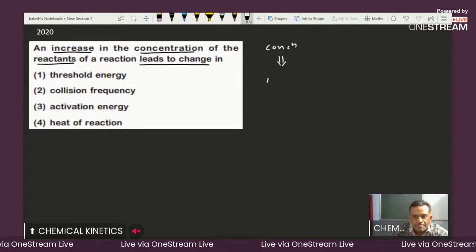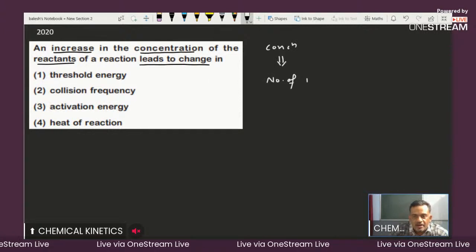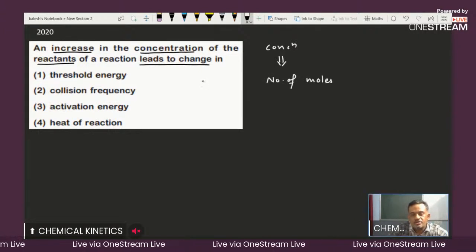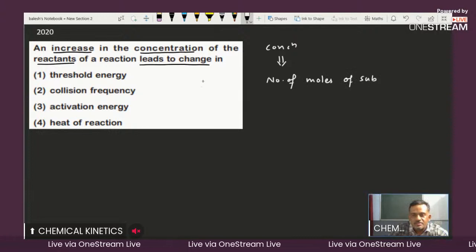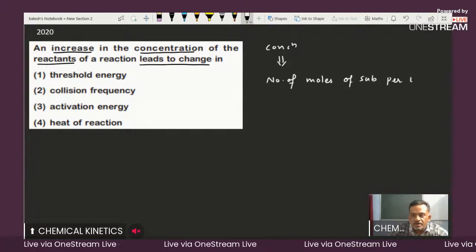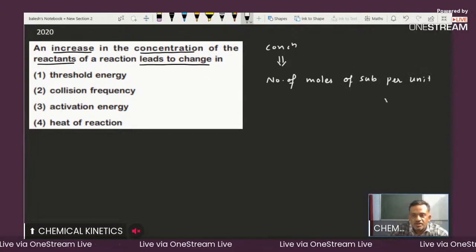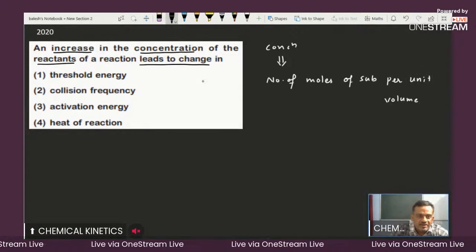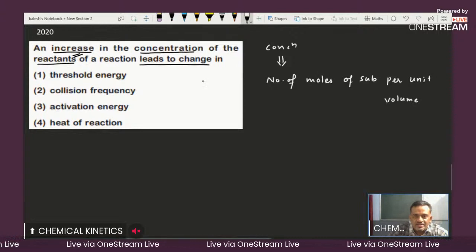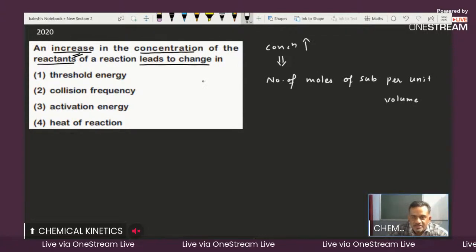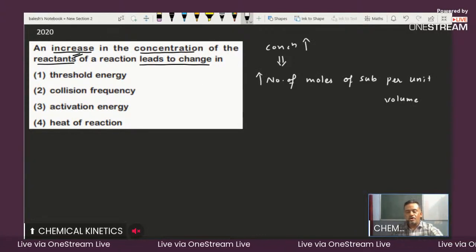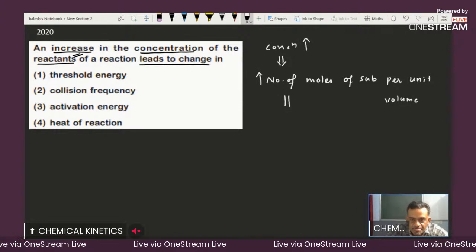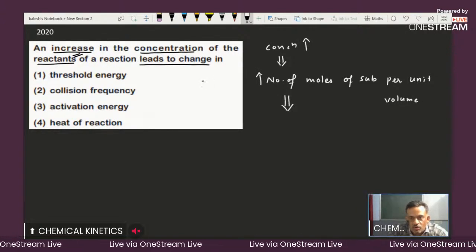Concentration is the number of moles of a particular substance per unit volume. So what they have done to concentration? They have increased it. Since they have increased it, the number of moles of the substance also increases.